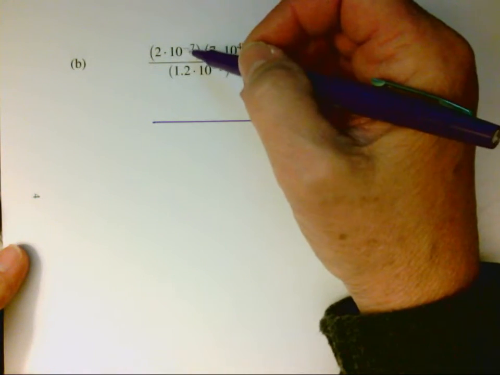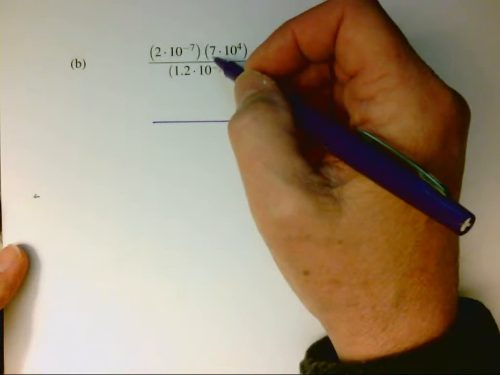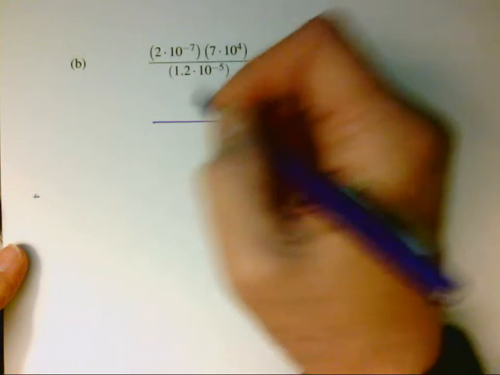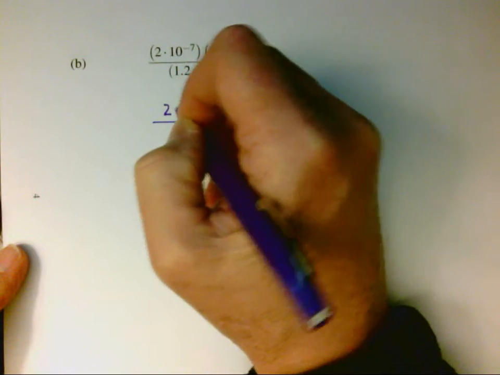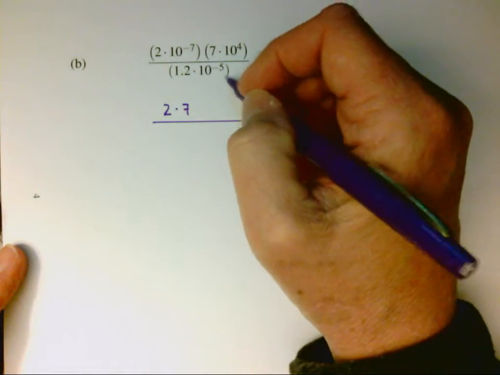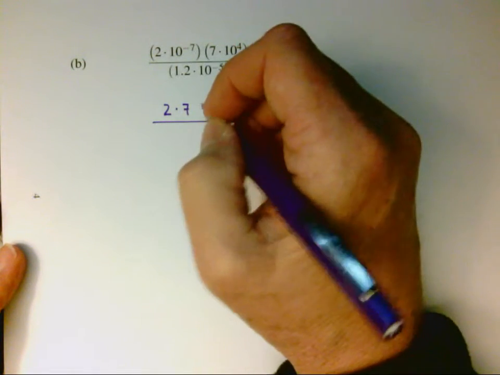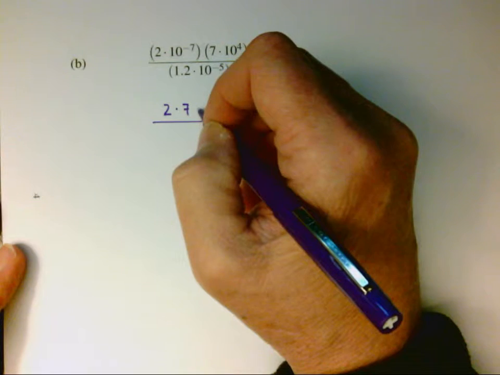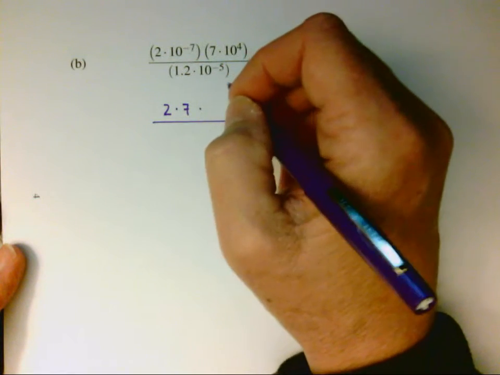If we're multiplying this out, we can take care of putting the mantissas, the whole number part factors, separately. And then we have the factors of 10.